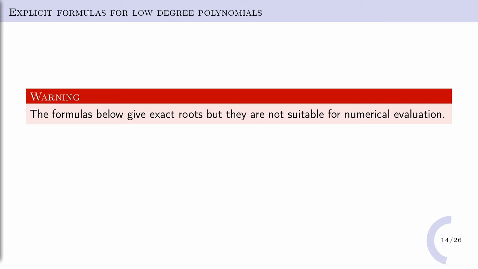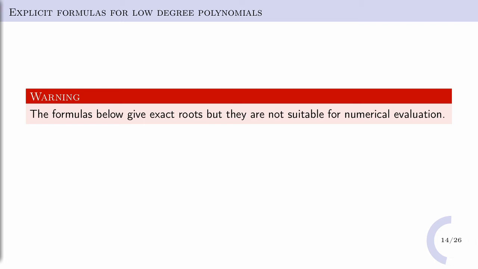However, I must warn you that these formulas are okay when we deal with exact numbers, when we have infinite precision, so when we express the root symbolically. On the other hand, if we work with floating point numbers, all these formulas behave very badly.